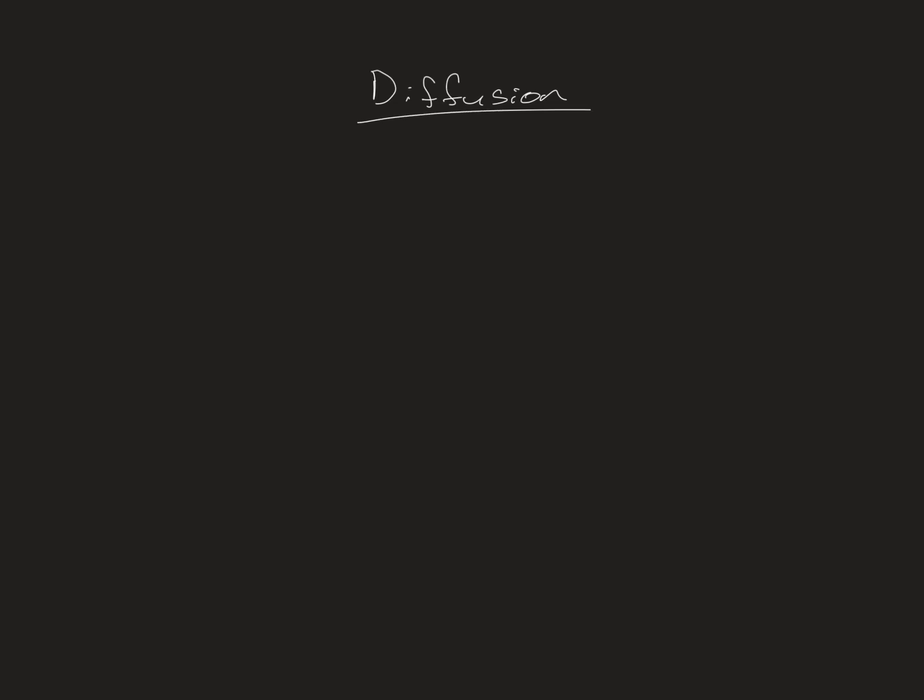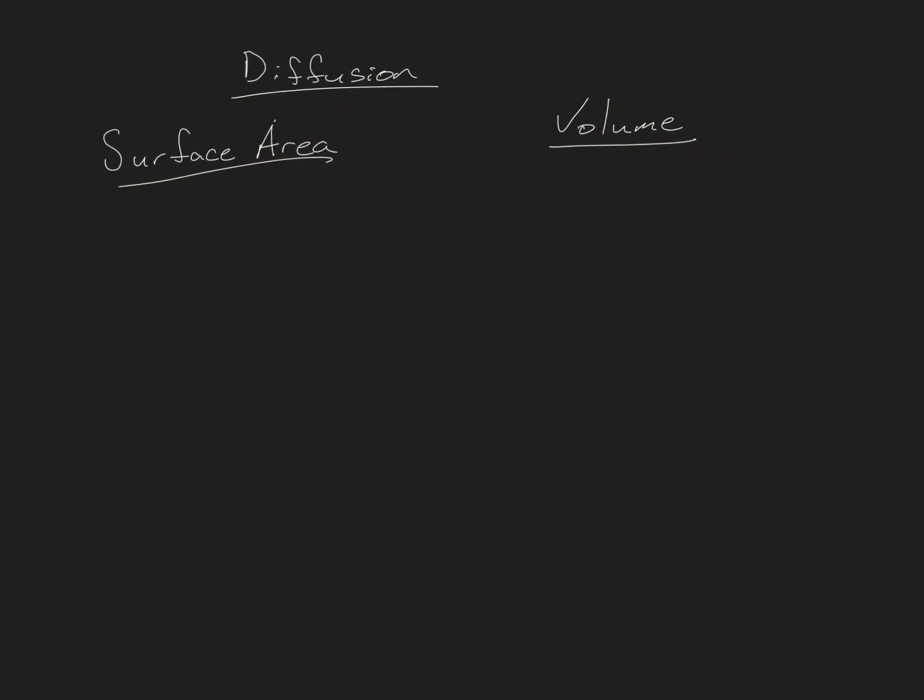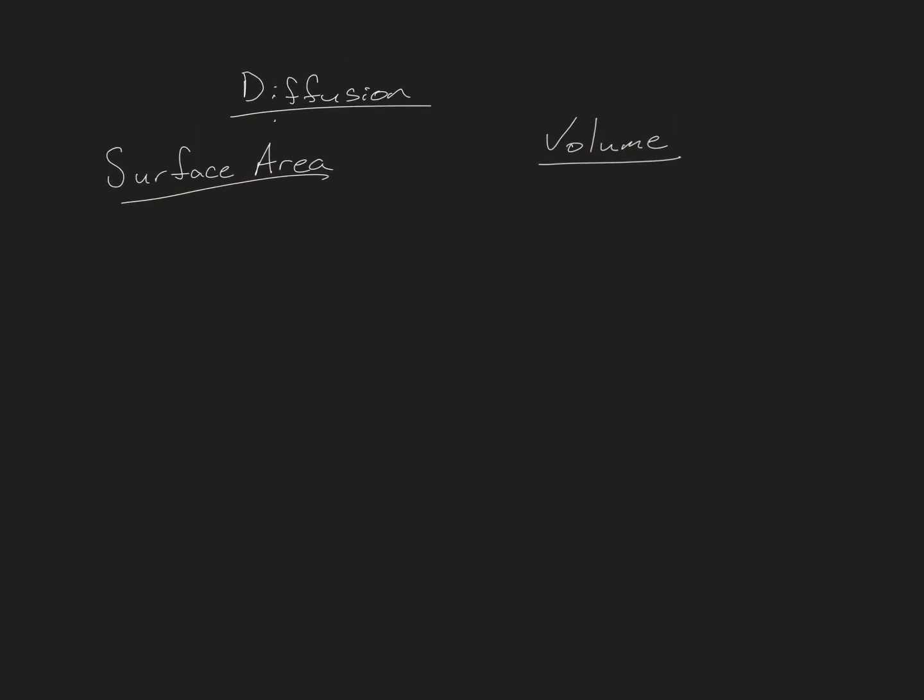In that diffusion lab, there are two major factors that you're dealing with: surface area and volume. Two major factors you're dealing with in this lab, just like you did in your pre-lab.